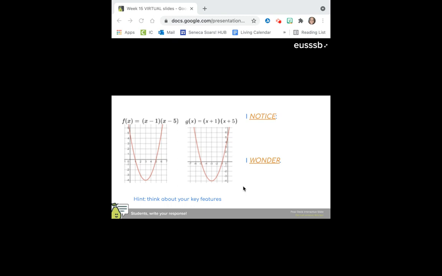So before we move on here, think about your key features. Take a look at the numbers in the equations and think about what you're noticing in your key features on your graph.